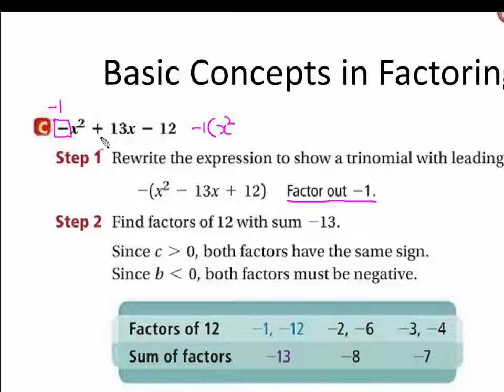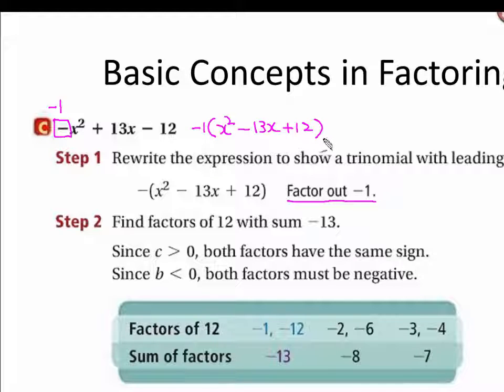Now we change the sign here to -13x, because -1 times -13x will give you positive 13x, like the original expression. And for the same reason, we change the sign here to plus 12, because -1 times positive 12 will give you -12. We didn't change a thing compared to the original expression. It's the same thing, but we just changed the sign by factoring out the -1.